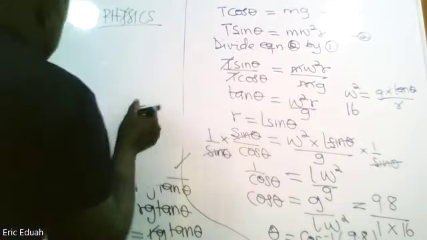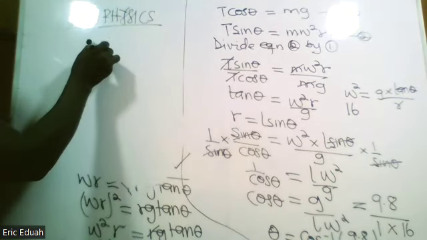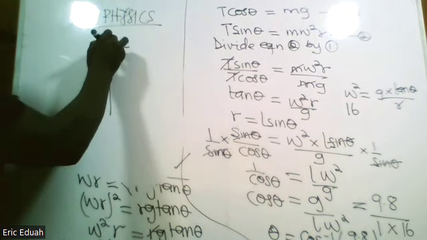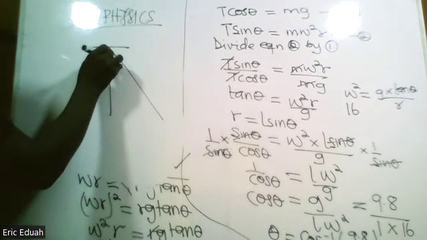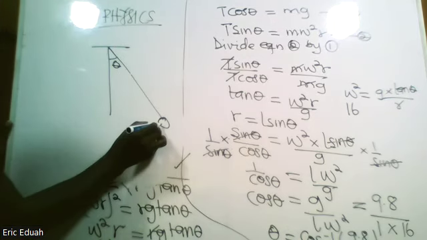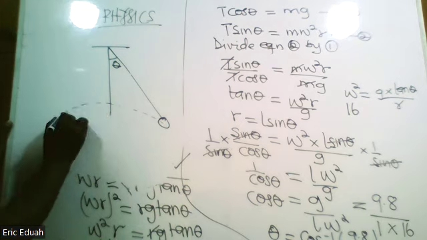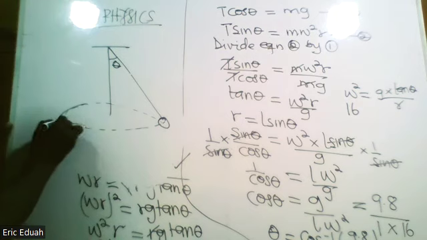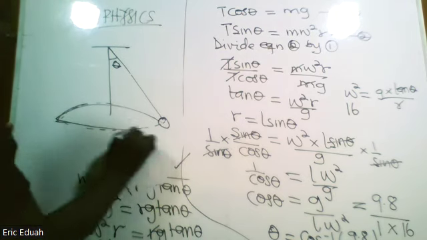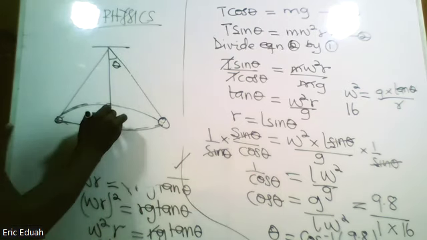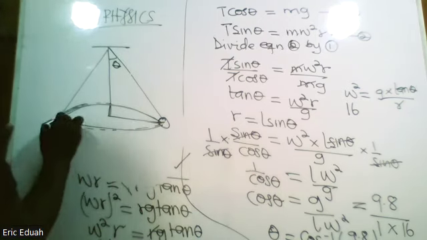Okay, so for conical pendulum, this is how it is. There is a vertical. The string makes an angle theta with the vertical. This is the sphere. When the sphere rotates, the shape describes a cone, hence conical pendulum.